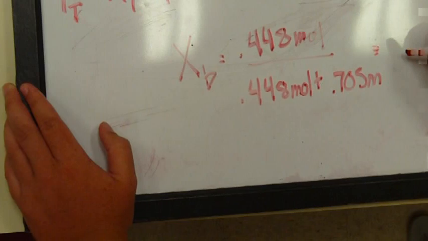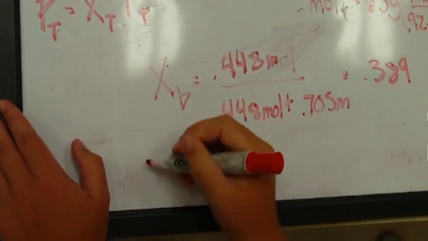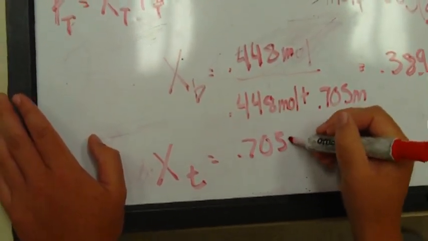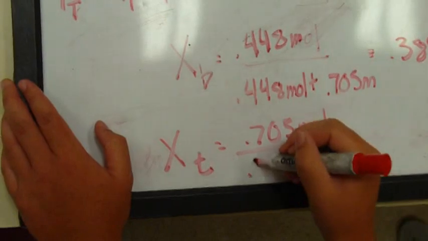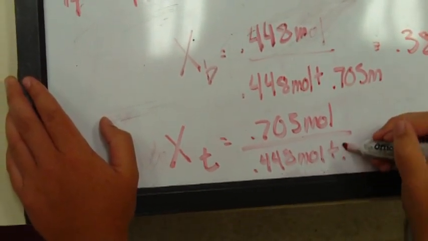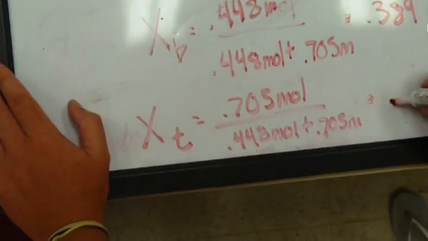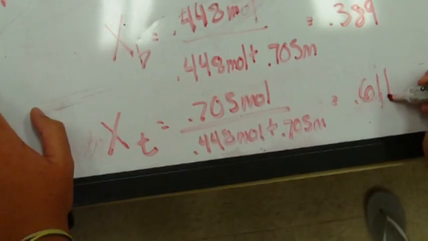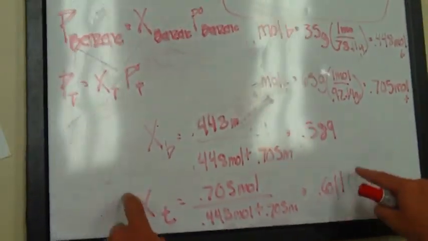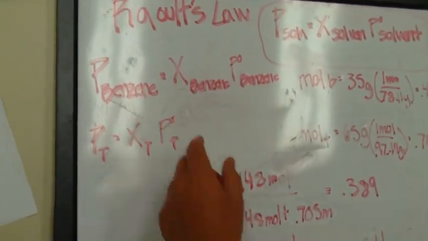When we do that, we get 0.389. And then when we do this for the toluene, it's going to be 0.705 moles all over 0.448 plus 0.705, and we have 0.611.